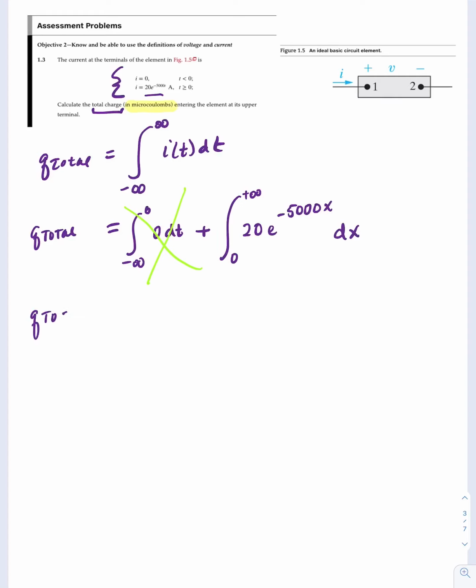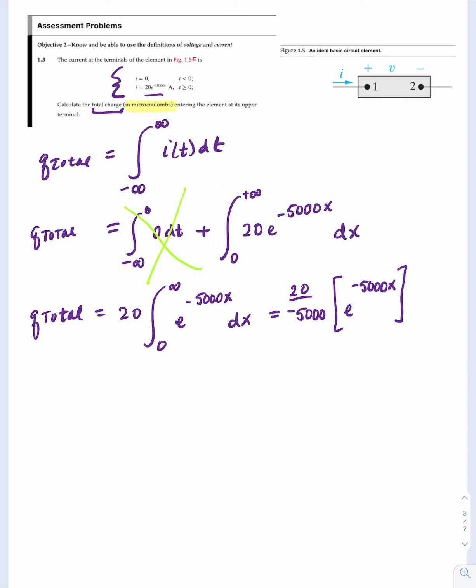And Q total is equal to 20, we'll bring the constant out, the integral from 0 to infinity of e^(-5000x) dx, which is equal to 20 over minus 5,000 times e^(-5000x) from 0 to infinity, which is equal to 20 over minus 5,000 times e^(-5000 times infinity) minus e^(-5000 times 0).